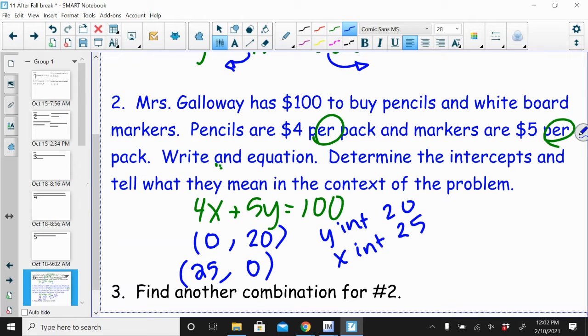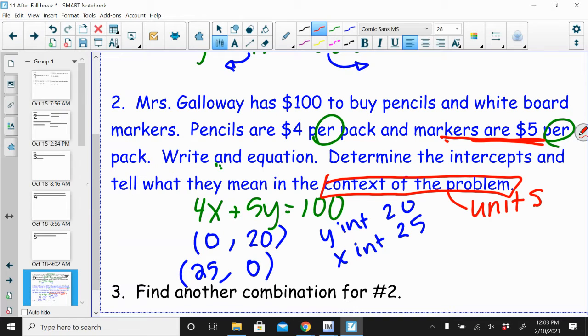Now, if this is all you put, you're not going to get full credit because you're not answering all the questions. So this right here means you need to tell me units. So this 20, let's see, what was y? Markers. Markers were the $5 ones. So what this would mean, you would have to write this out.